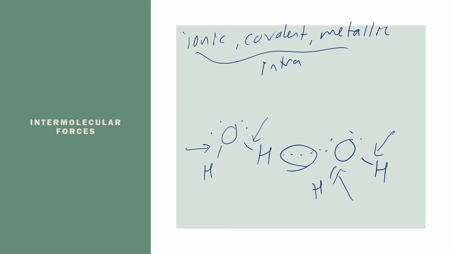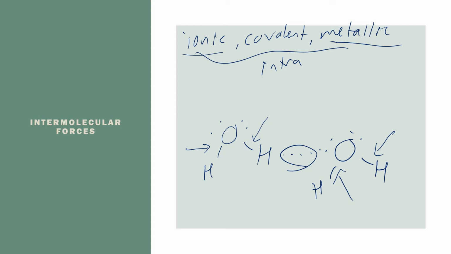Now, sometimes the line gets a little bit blurry when we're talking about ionic and metallic because when something melts or boils, in an ionic or metallic compound, it's the intramolecular forces that are breaking. Or in a network covalent, which we'll talk about in the next section.